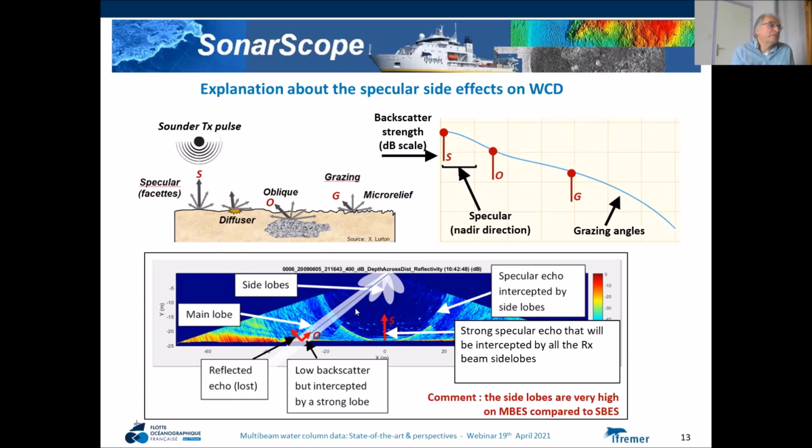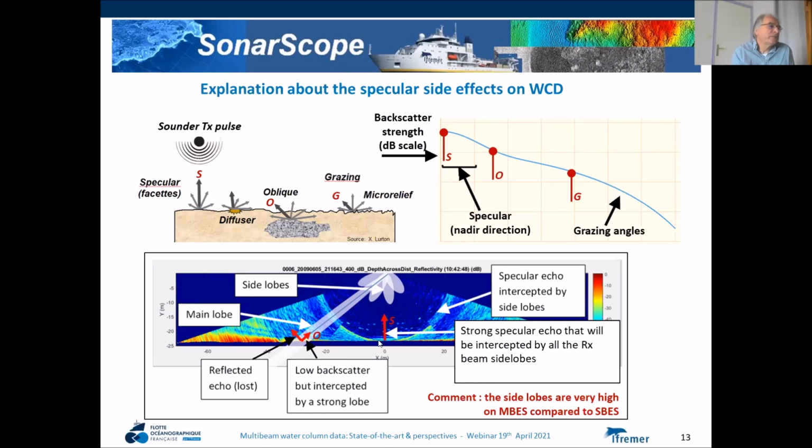The directivity beam diagram is made of a main lobe here, which generally amplifies the echo coming back from this direction, but also side lobes here, which amplify signals from all directions, but with a weaker gain.